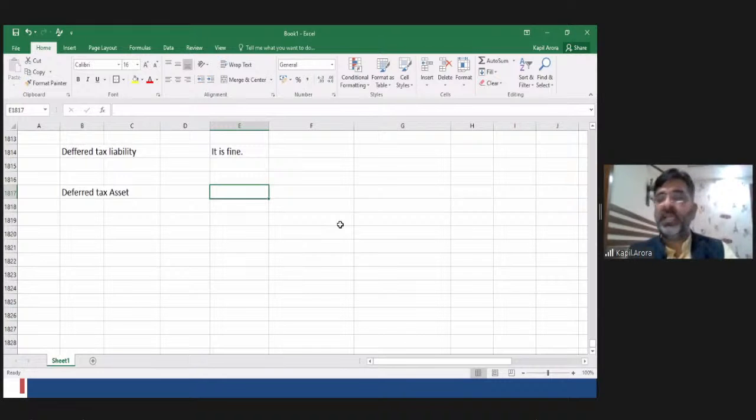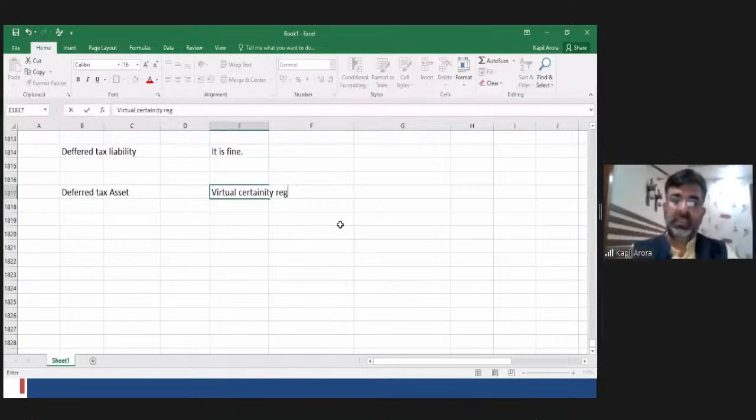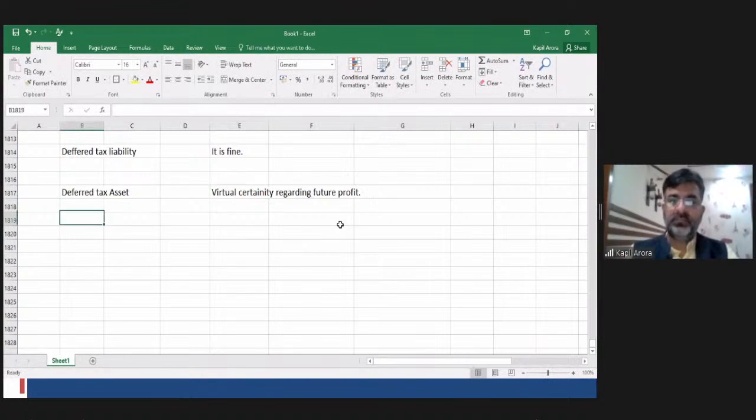For deferred tax asset, which means the amount we can recover from the tax department, we see whether we have virtual certainty regarding future profit.